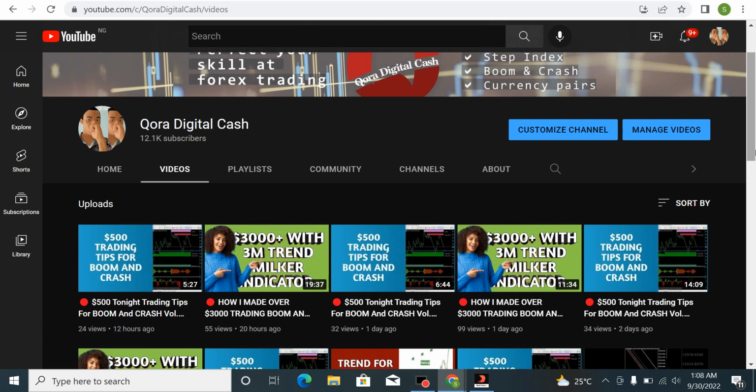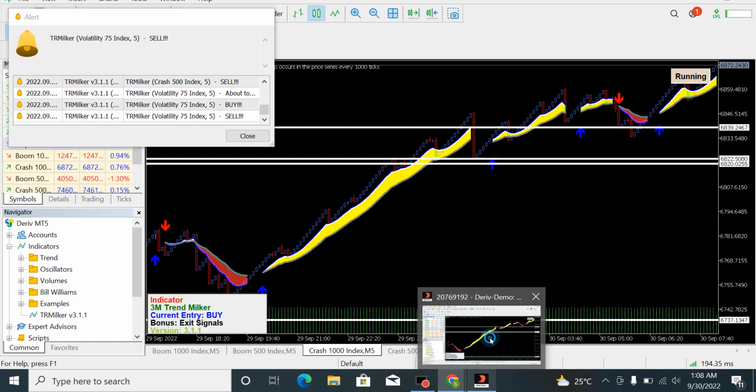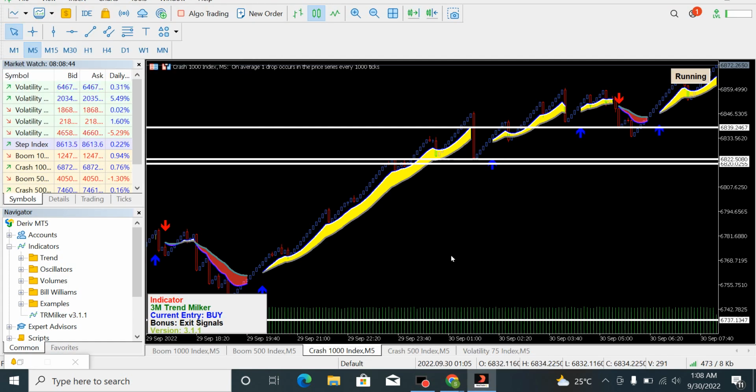So quickly, let's go straight into what we have right here. Like I said earlier, we started this training earlier on, and it's been an amazing opportunity for us. As you guys have known, for you to trade this asset, we've not even focused on the spiky part of it.